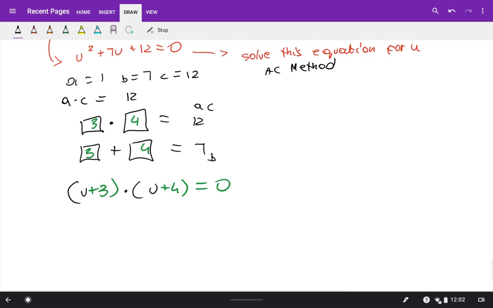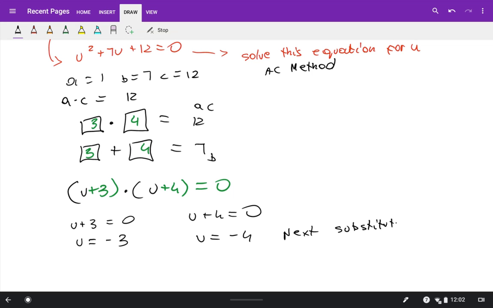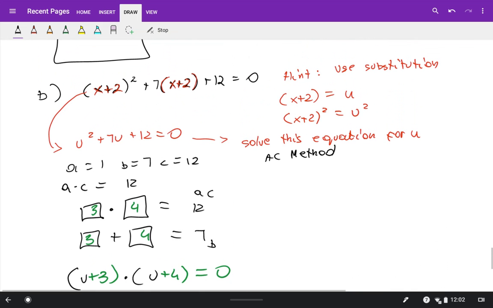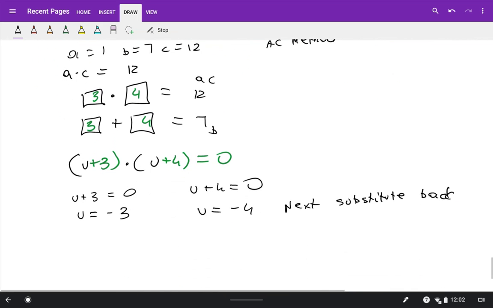And now we're just going to solve two equations. u plus 3 equals 0 and u plus 4 equals 0. That will give you u equal negative 3, u equal negative 4. And next, substitute back. Don't forget that u is x plus 2.